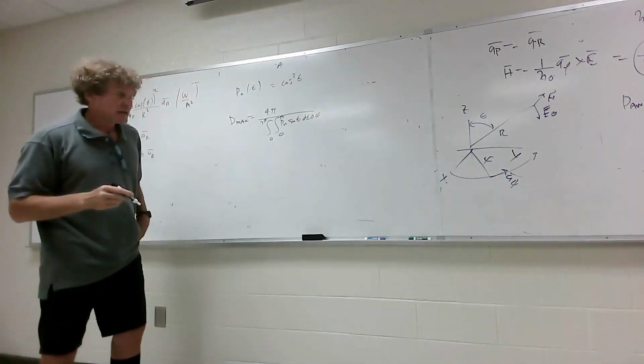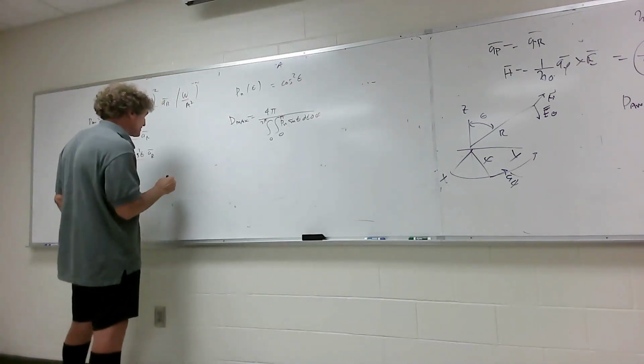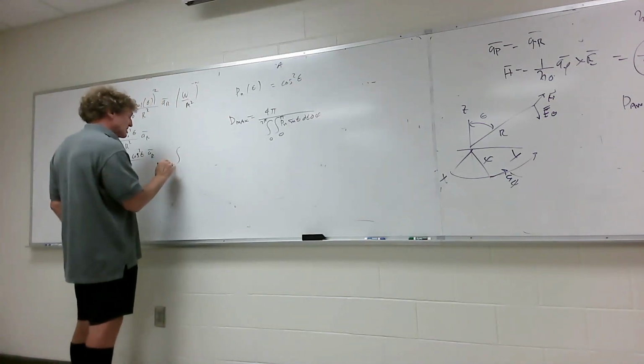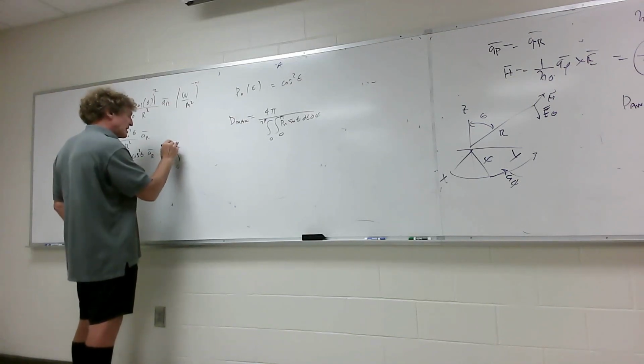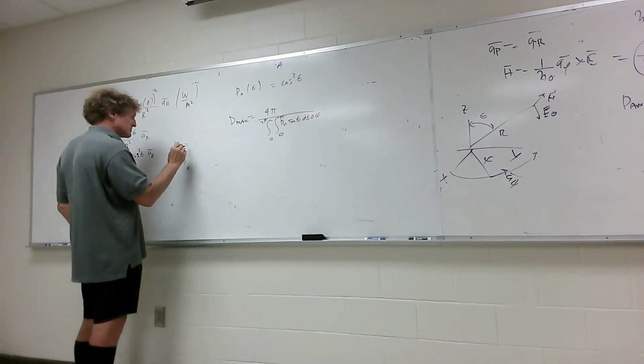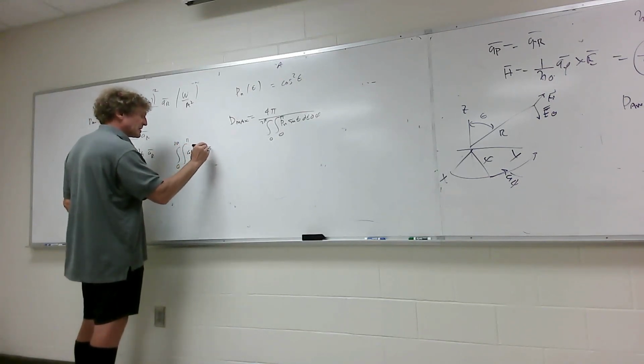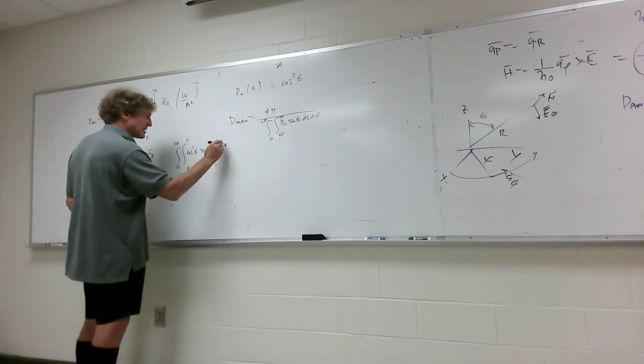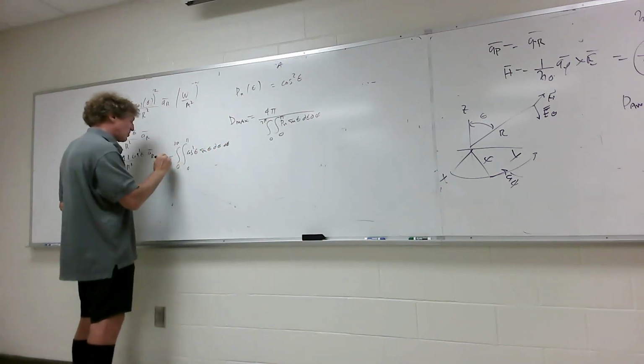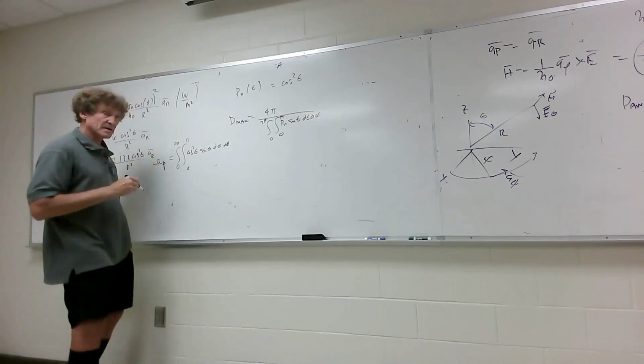Do you agree? I'll put the values in now. Matter of fact, what we'll do is this integral from 0 to 2 pi times the integral from 0 to pi of cosine squared of theta times sine theta d theta d phi, and I'll call that omega sub p.